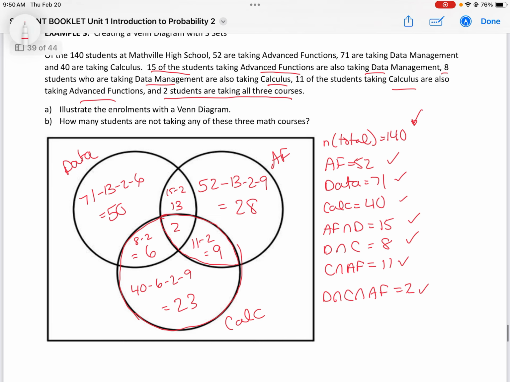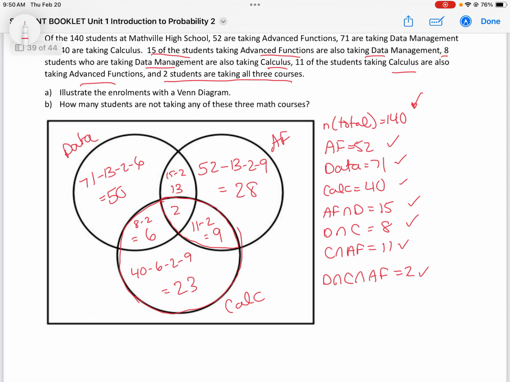Okay. So if we were to go ahead and add all of these up, this is the number of data or calc or advanced functions. So the number in all 3 of these circles, you can just do this in your calculator. You don't have to show it. But if we have 50, 13, 2, 6, 28, 9, 23, I get 131.